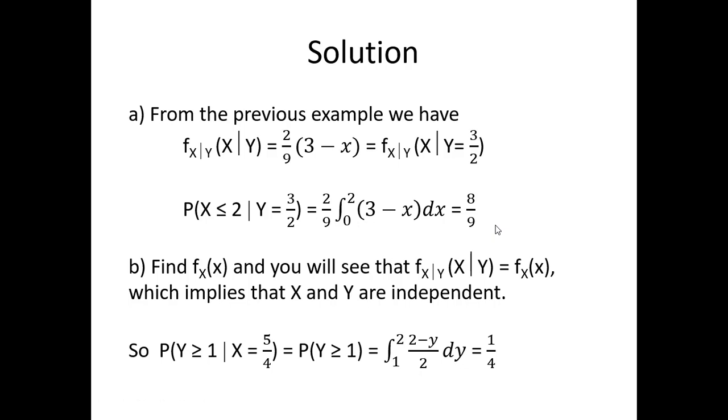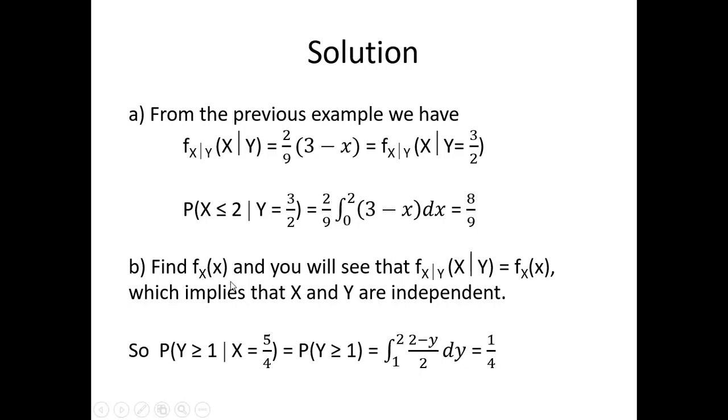Now for the second probability, we want the probability y is greater than or equal to 1 given x is 5/4. Well, you would have to find the conditional of y given x, which means we want the marginal distribution with respect to x.